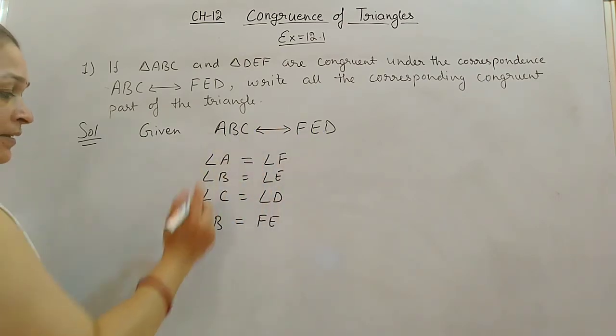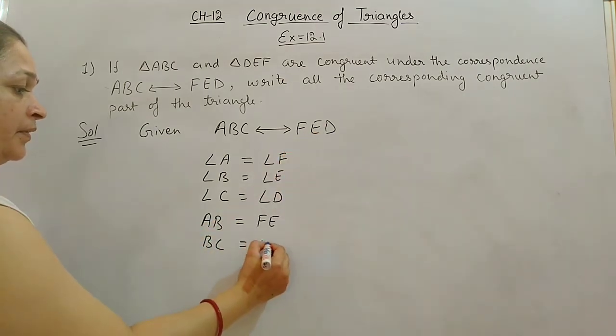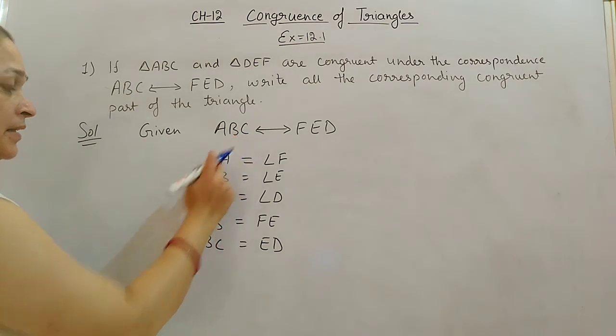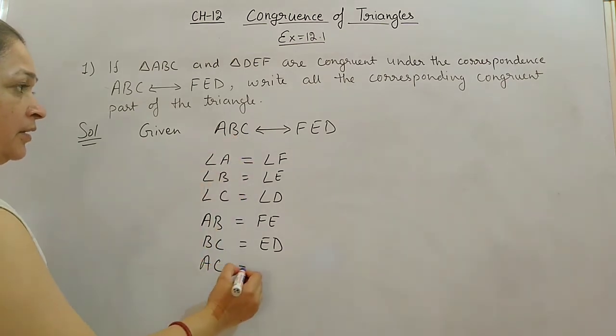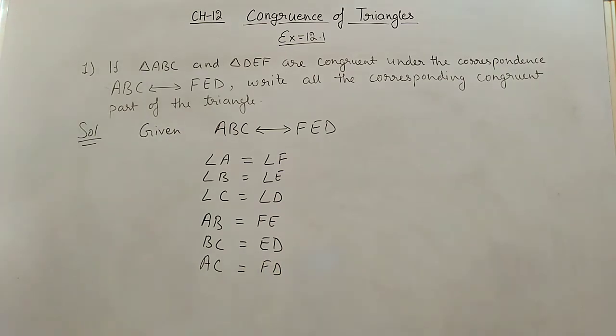Then BC, last two, here ED. And AC, first and last point, here also first and last, FD. In the same order you have to match. So these are the corresponding parts of this triangle.